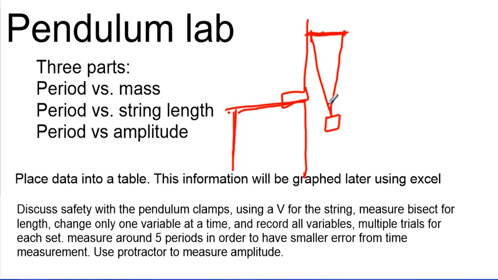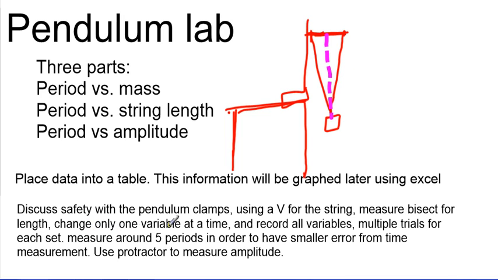Now, what you have to be careful of when you're measuring your string length is that it's not going to be the total length of the string. It is going to be the bisect of that. So it's going to be measuring from the center down, the bisect of that V.